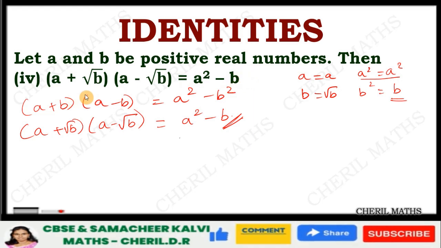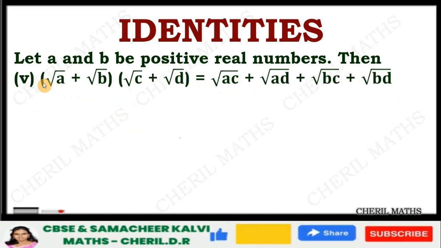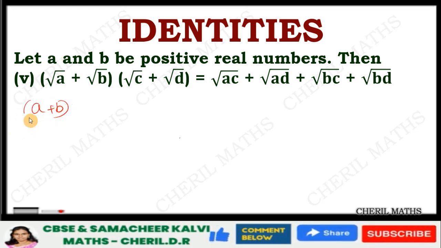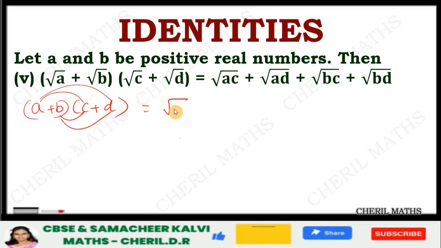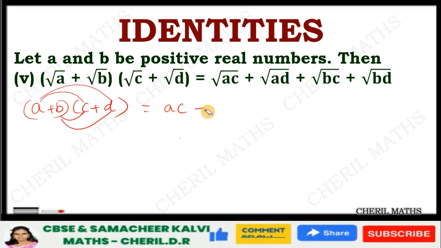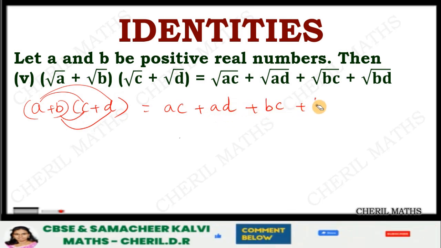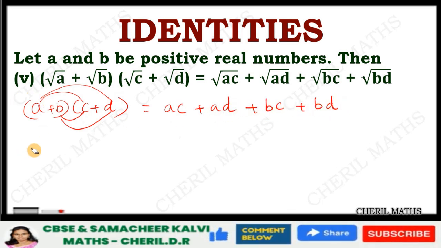So it's very simple. You need to know how you are getting this. Okay. The next one is the square root of a plus the square root of b into the square root of c plus the square root of d. This is nothing but like a plus b into c plus d, where you multiply this with this and this. Without square roots it will be ac plus ad plus bc plus bd. Here everything is under the square root.